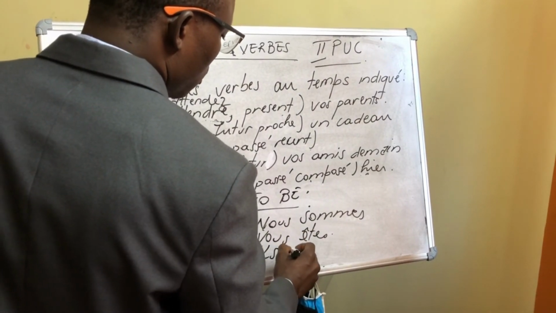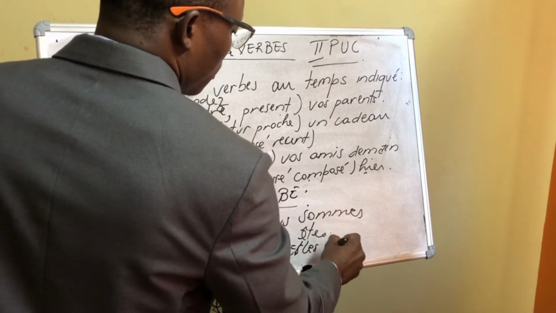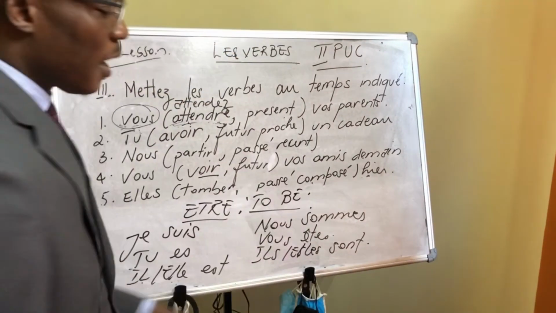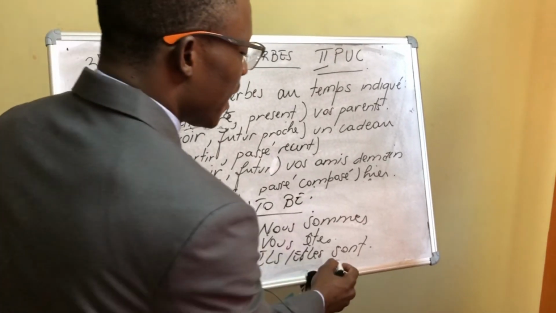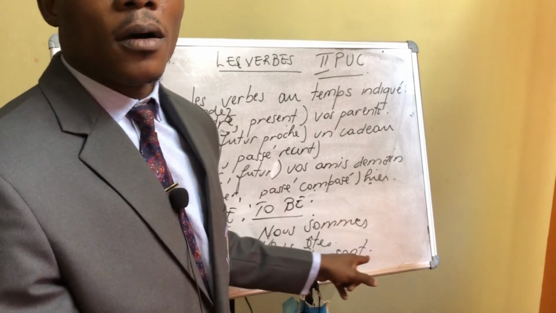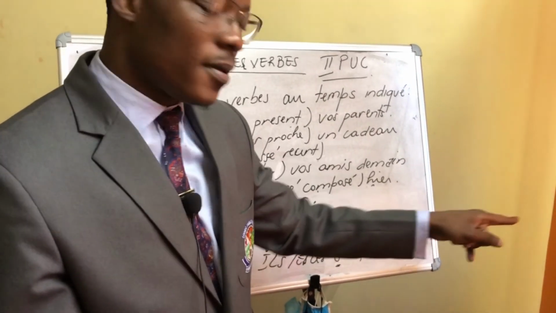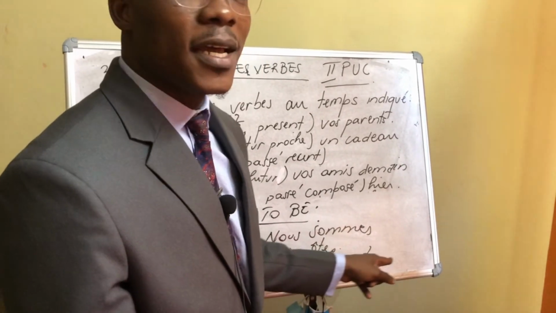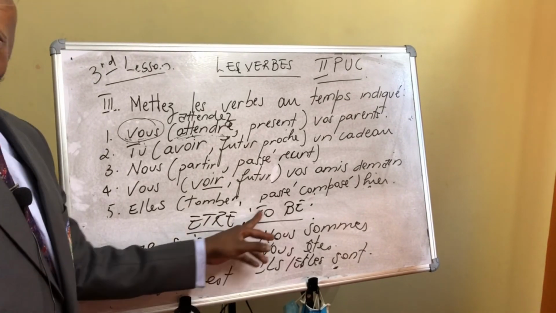Ils sont, or elles sont. Remember, for avoir here, I had ils ont. But for être, I had s again, which means ils sont, elles sont. They are. For avoir, it's they have. For être, it means they are. This is the present tense of être, which means to be.